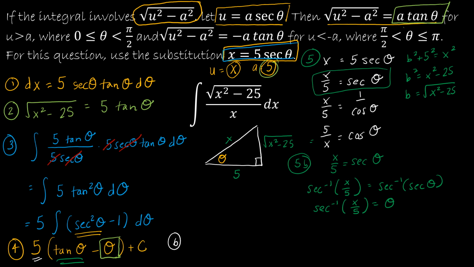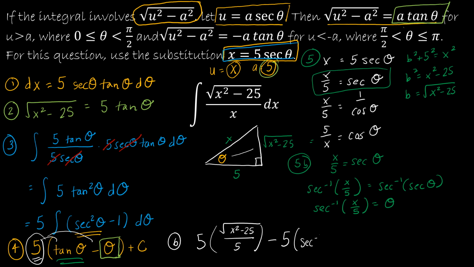I have a 5 times tangent of theta. So from theta, tangent is opposite over adjacent. And then I have 5, because remember the 5 is distributed, times theta, which is arcsecant of x over 5.